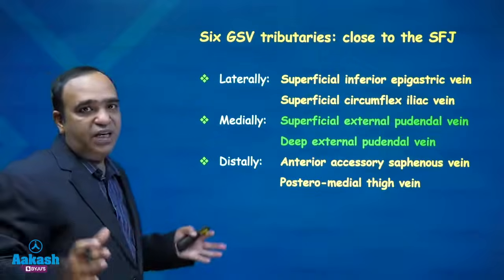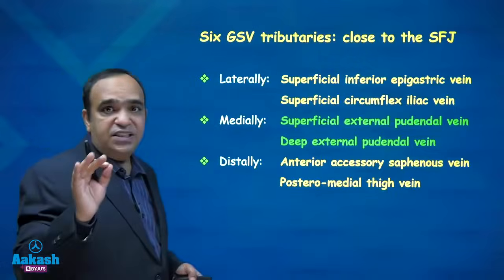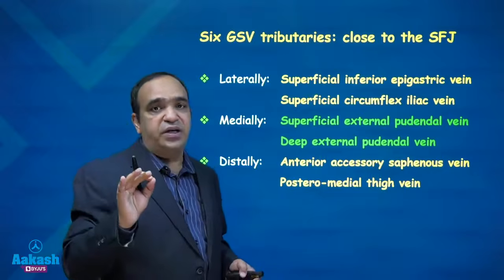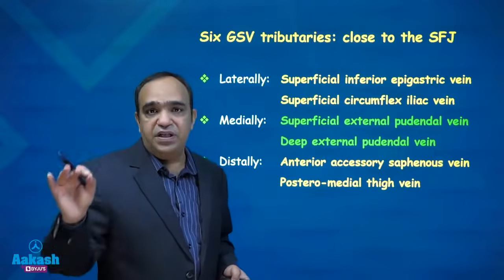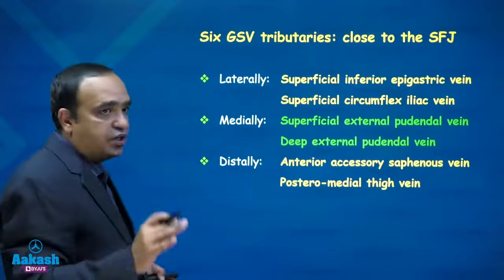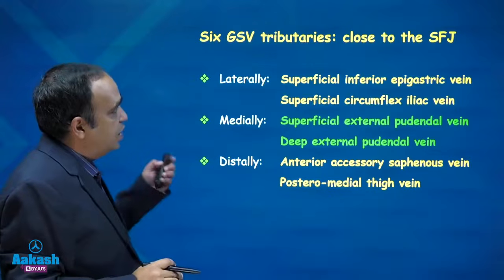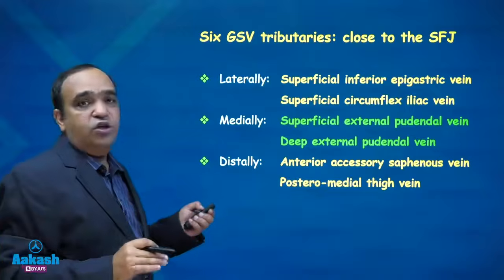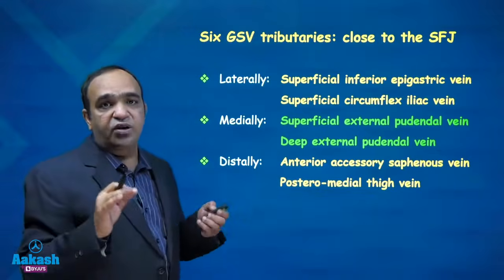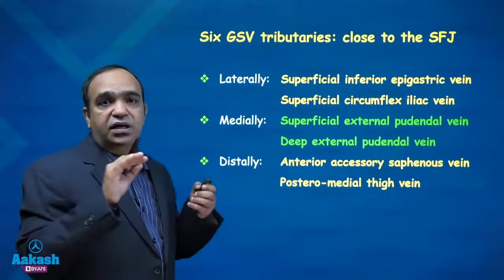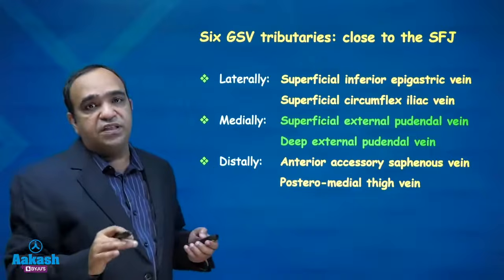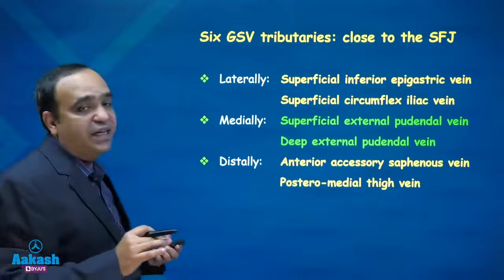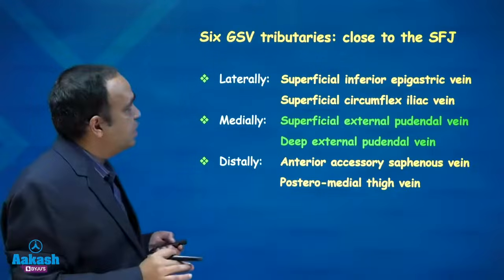So this is about the ligation and stripping. Ligation alone of the junction is Trendelenburg. Ligation plus stripping is another procedure to reduce the recurrence rate. Now regarding ligation, there is another important point. Not just the great saphenous vein, all the nearby tributaries of the great saphenous vein also have to be ligated to reduce the recurrence rate.